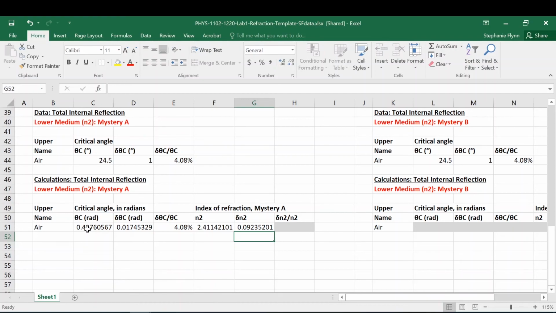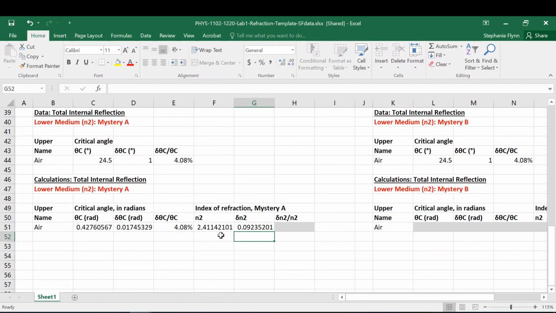And once you are looking at your final results, you'll notice that in the measurements using the law of refraction, we calculated N2, and using total internal reflection, we also calculated N2 for the same material, meaning that you'll want to compare the values that you got from the two different methods to see if those values agree with each other within uncertainty.